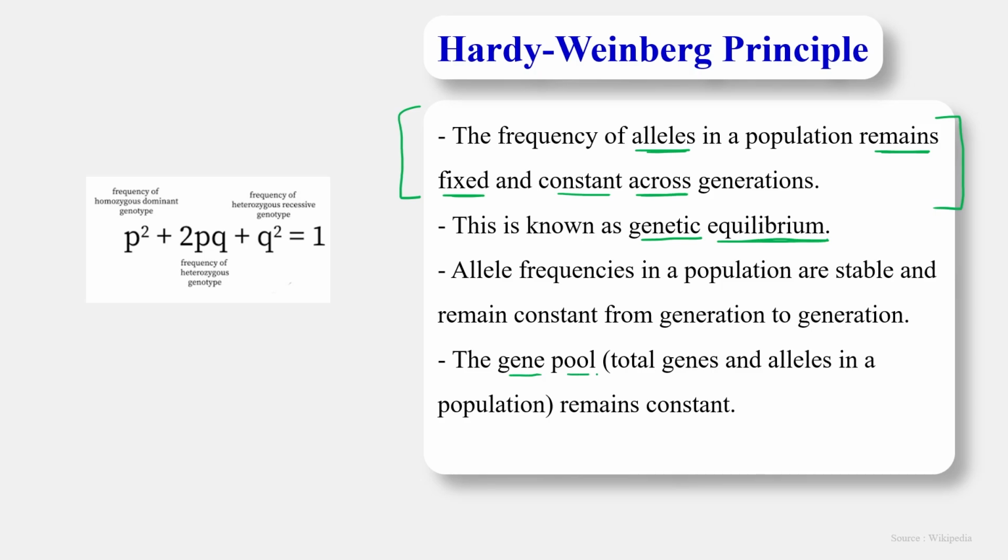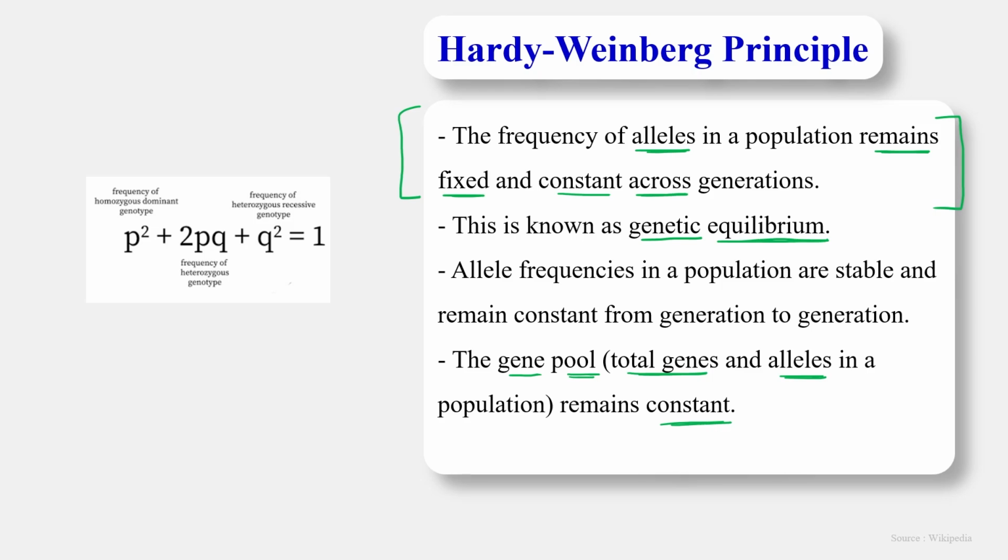And the gene pool, what is the gene pool? It is the total number of genes and alleles in a population, and this remains constant. If the total number of genes in a bacterium is 48 into 10 to the power 10, then the next generation also has 48 into 10 to the power 10. Similarly for humans, the total number of genes in the gene pool is the same in each generation.